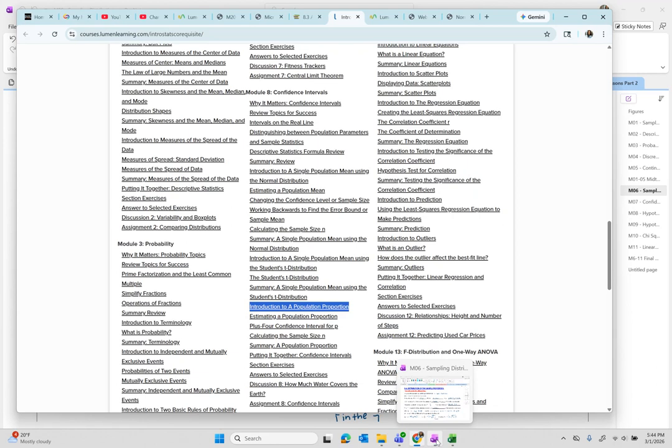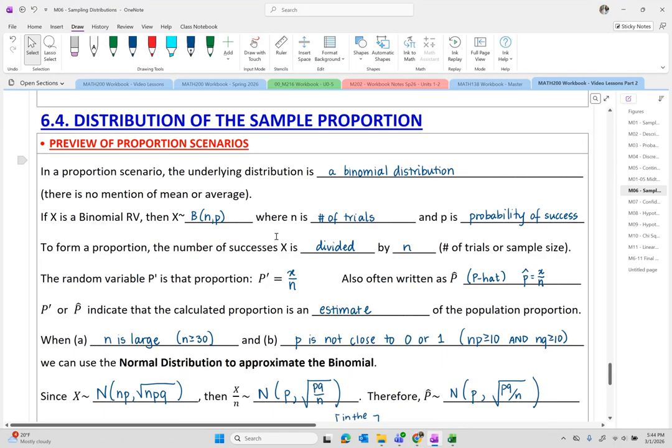Now, the reason we want to do it here, though, is because we have introduced the distribution of the sample mean, and oftentimes, we will have the distribution of a sample proportion. And we have already seen that the normal distribution in the previous chapter has been used to estimate binomial distribution.